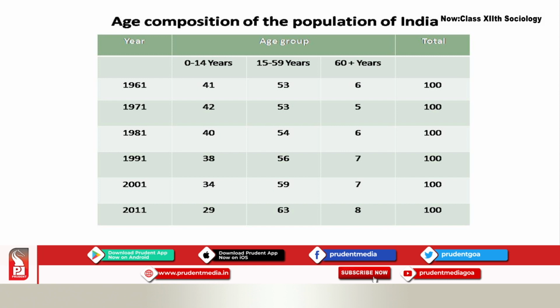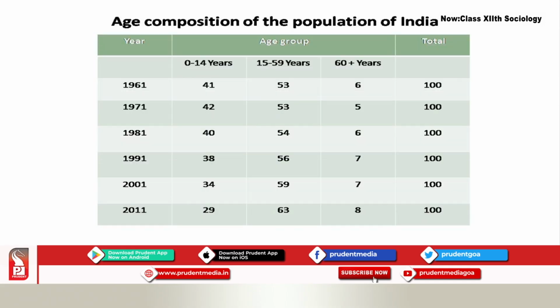In the third category, we have only 8% of people in the 60 plus age group. So this is the difference we have as far as the proportion or age composition of the Indian population is concerned.